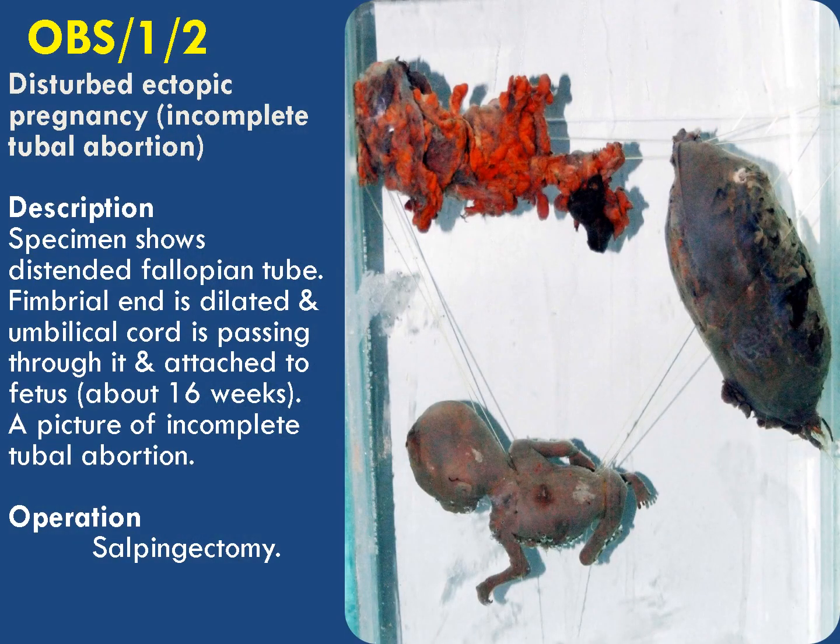Chart demonstrates a case of incomplete tubal abortion. The specimen is removed by salpingectomy, showing a distended fallopian tube. The fimbrial end is dilated and the umbilical cord is passing through it and attached to a fetus of about 16 weeks gestational age.